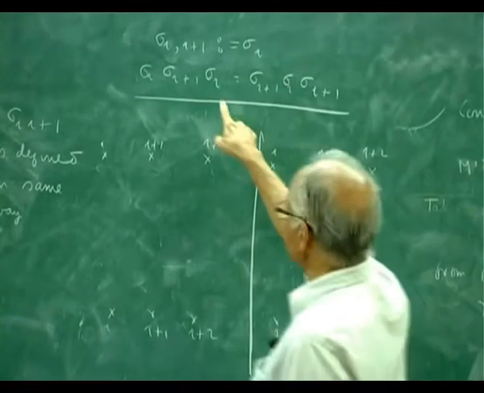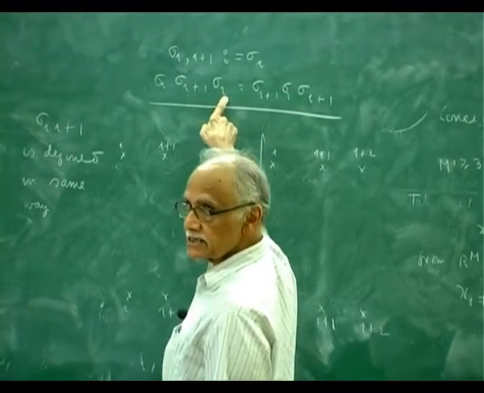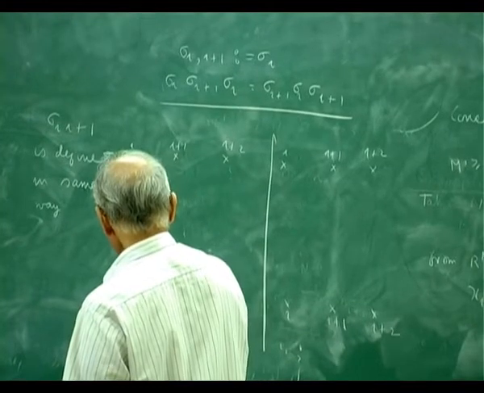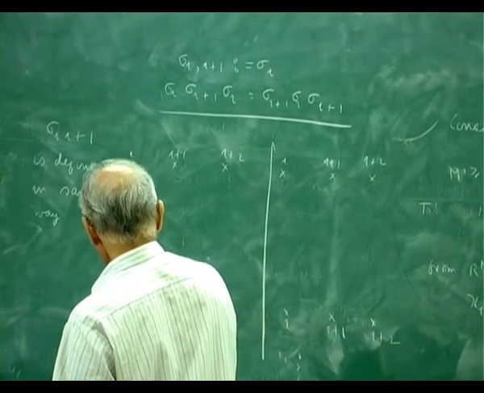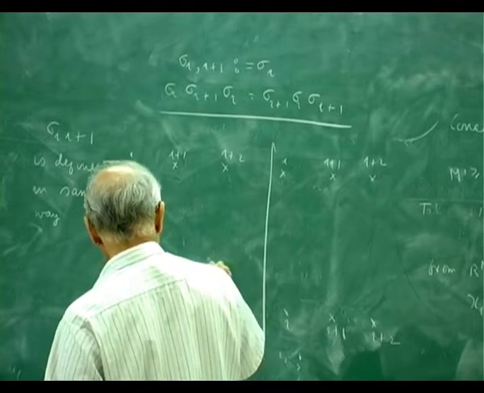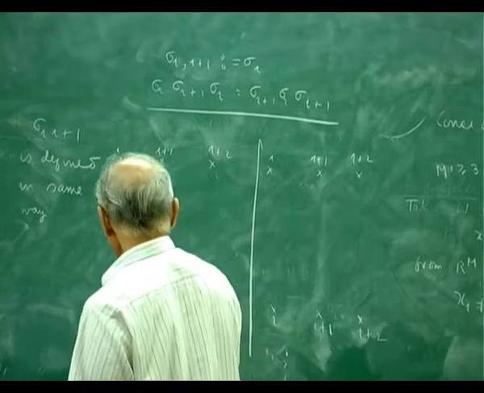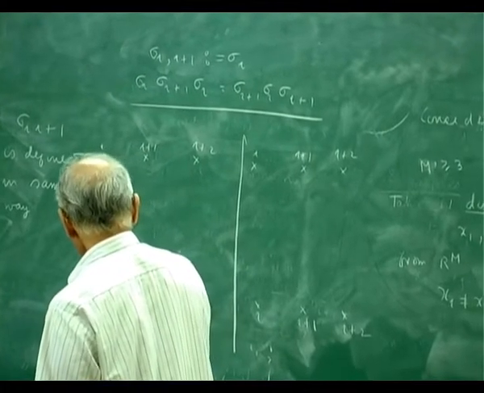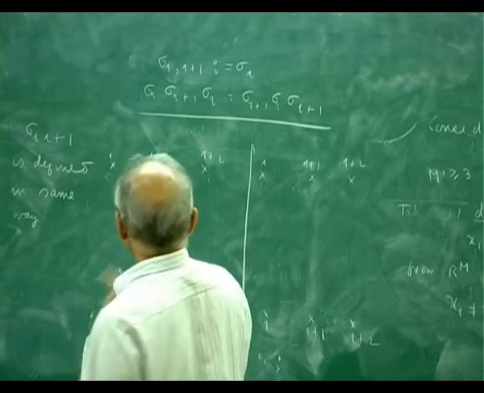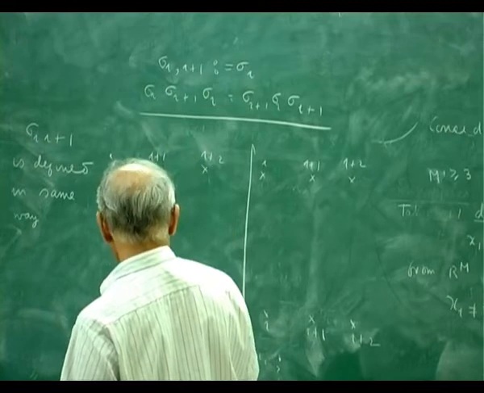Now first let me do this. The sigma I transposes this. I should be careful. It goes like this. And it goes like this. Next one, this goes underneath. Okay. Next step is sigma I plus 1.